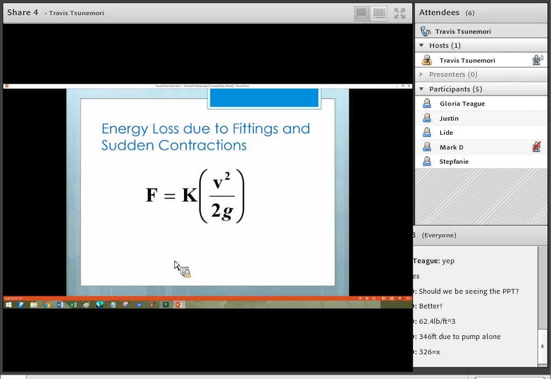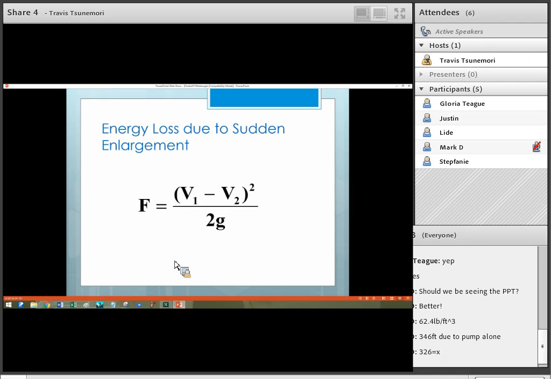On page 25, you'll see that there are diagrams for what they mean by entrances. Friction loss due to sudden contraction is table 2.4. And depending on the ratio of the areas, you get different Ks. So we have to sort of know what the fittings and the contractions look like.